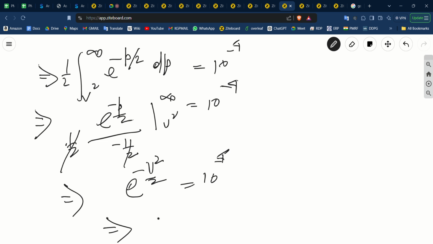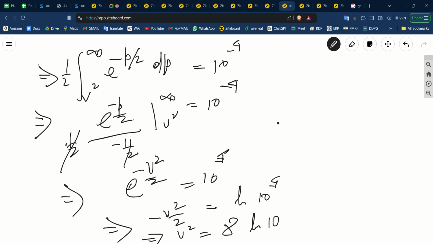So take ln on both sides: ln of e to the power minus V square by 2 is equal to ln 10 to the power minus 4. So V square equals, the minus 4 will come as the multiplier, so it will become 8 ln 10. So V becomes root under 8 ln 10.